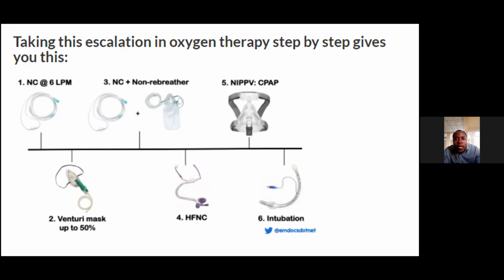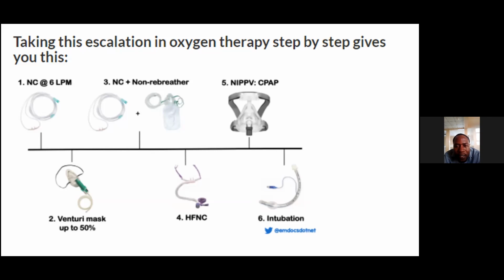Again, if the high flow nasal cannula is not able to support your patient and achieve your goals for oxygen therapy, you go to non-invasive positive pressure ventilation, where you have two choices, the CPAP and the BiPAP.